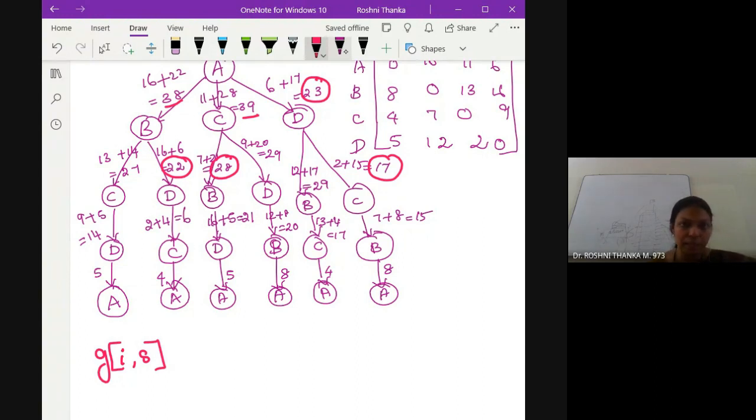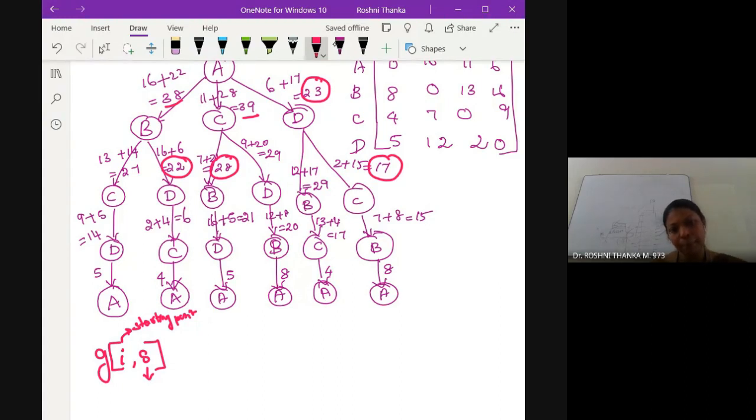I denotes the starting point. And S is a set. What does this set mean?